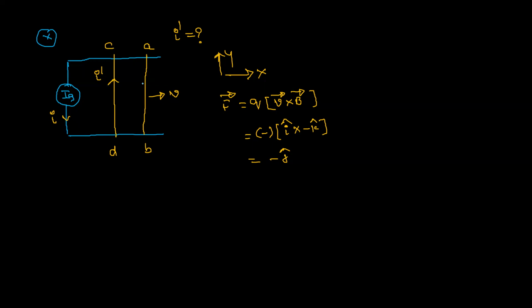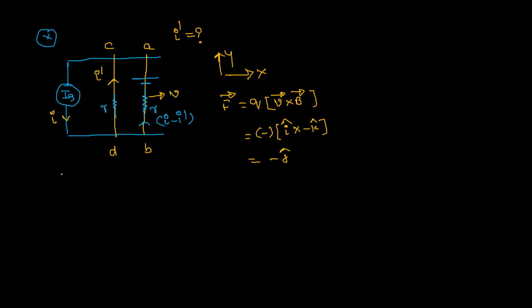With electrons moving down, the battery must be oriented like this, and each wire has resistance R. This is now the circuit. This current I comes like this. I dash flows in this way, and the remaining flows in this way. Remaining how much? I minus I dash.